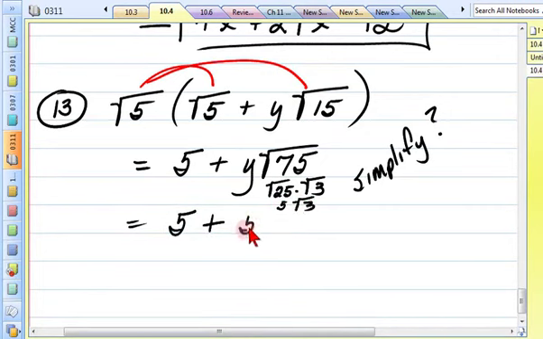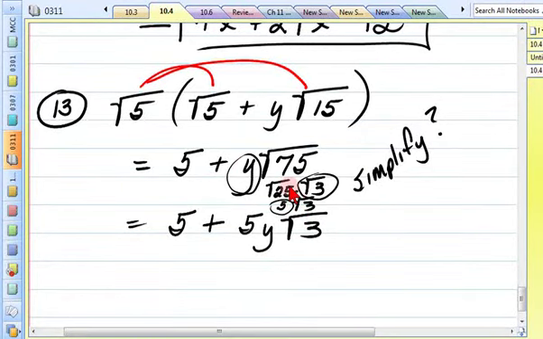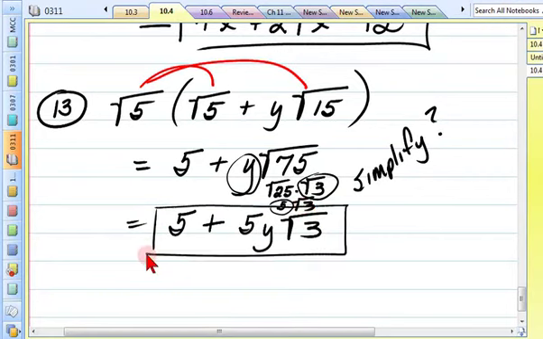So I'm going to call it 5 times y times the square root of 3. I had the 5 right here, the y right here, and there's my square root of 3. Can I add those two terms up? No. I know we get some weird looking answers in these.